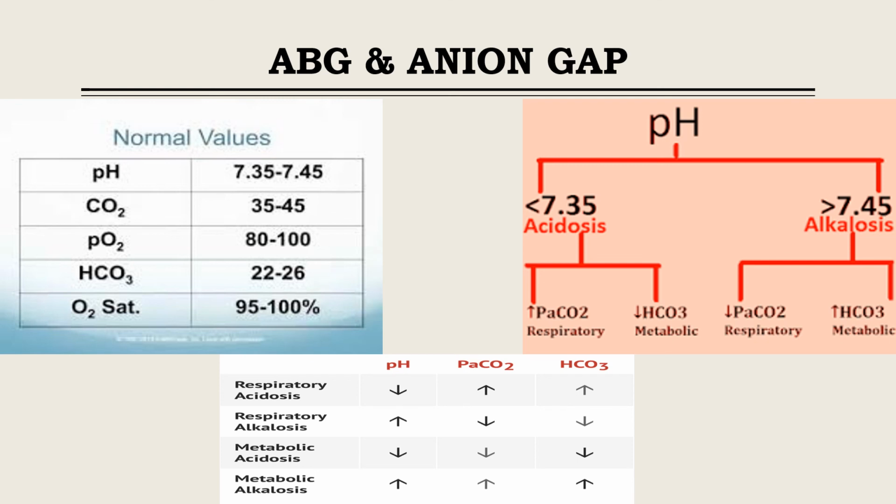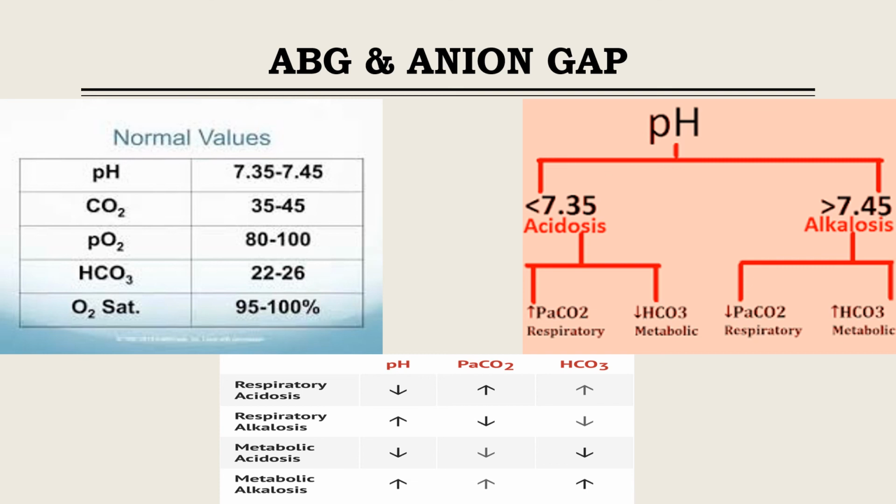If we have this picture: pH increased, PCO2 decreased, bicarb decreased, this is respiratory, because when PCO2 decreases, the pH will increase. So this is respiratory alkalosis, and the bicarb tries to compensate by decreasing to decrease the pH, but it is still high. So this is partial compensation.